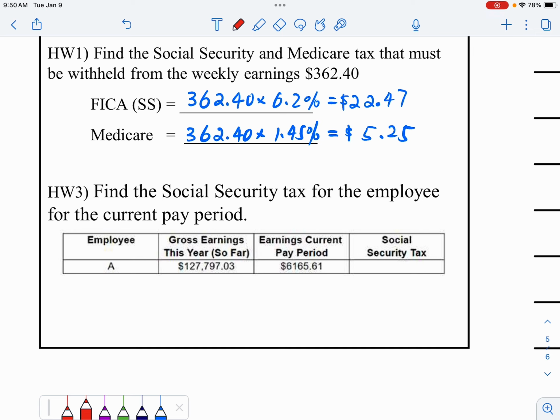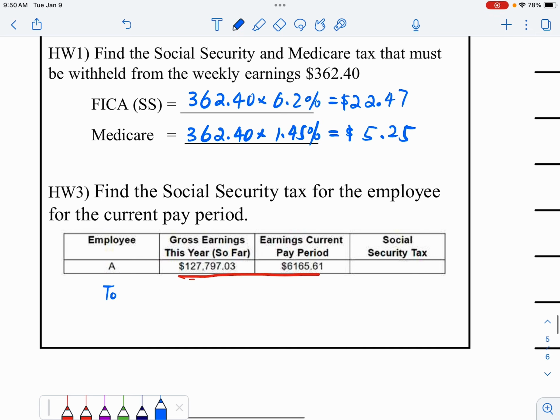If you add these two together, the total earnings will be more than $130,000. And then we just mentioned the max earnings subject to Social Security tax.